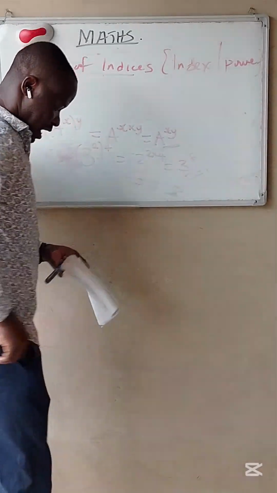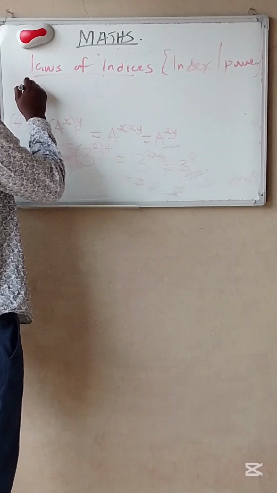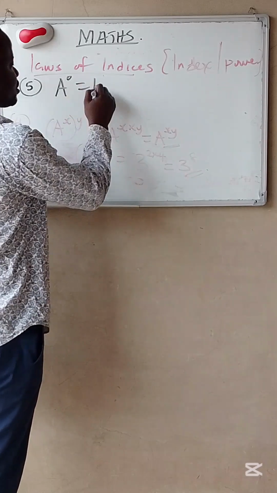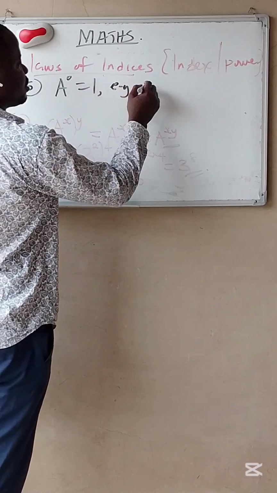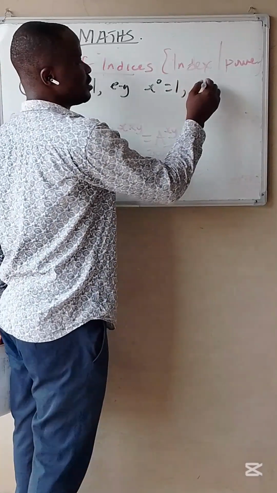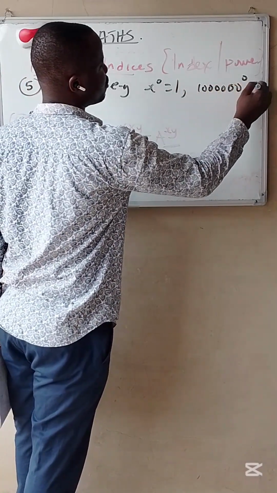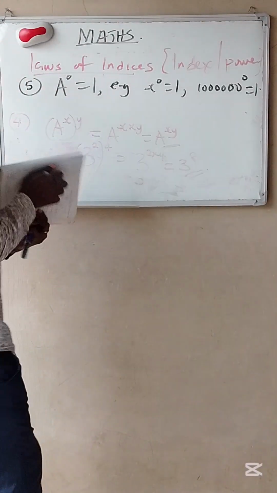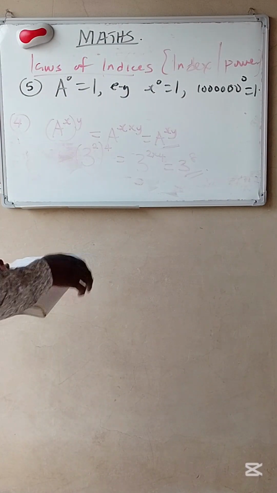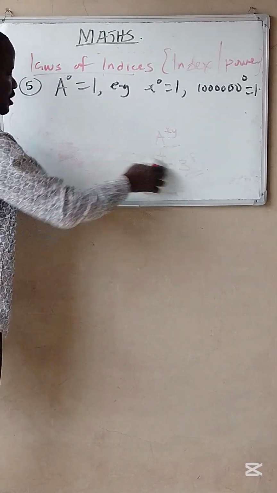So we can have a raised to power 0 is equal to 1. For example, x raised to power 0 is also equal to 1, then 1 million raised to power 0 is equal to 1. Just know that whatever the variable, whatever the number, as long as it is raised to power 0, it is equal to 1.